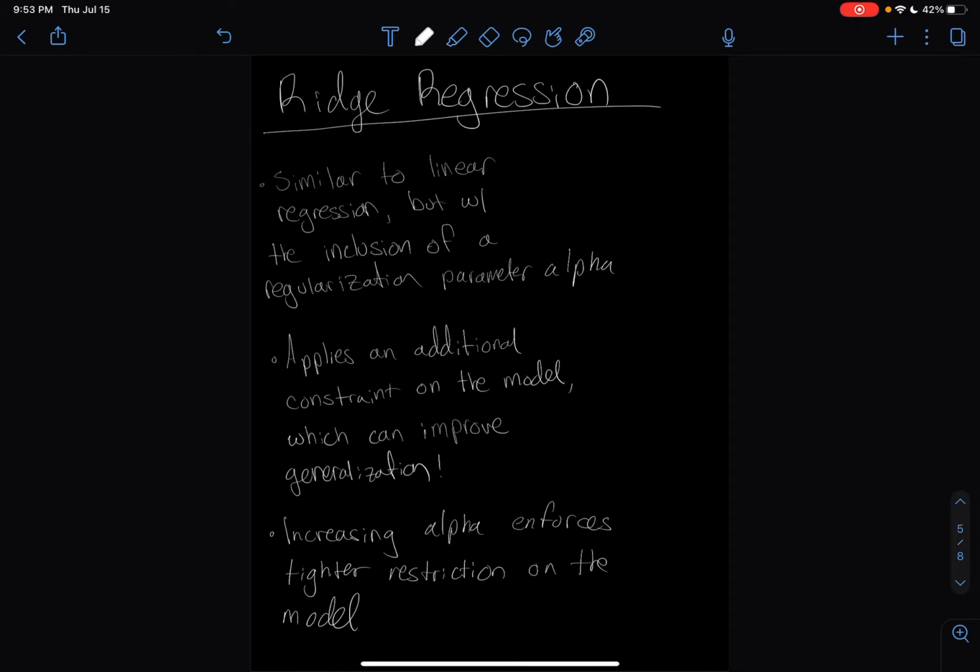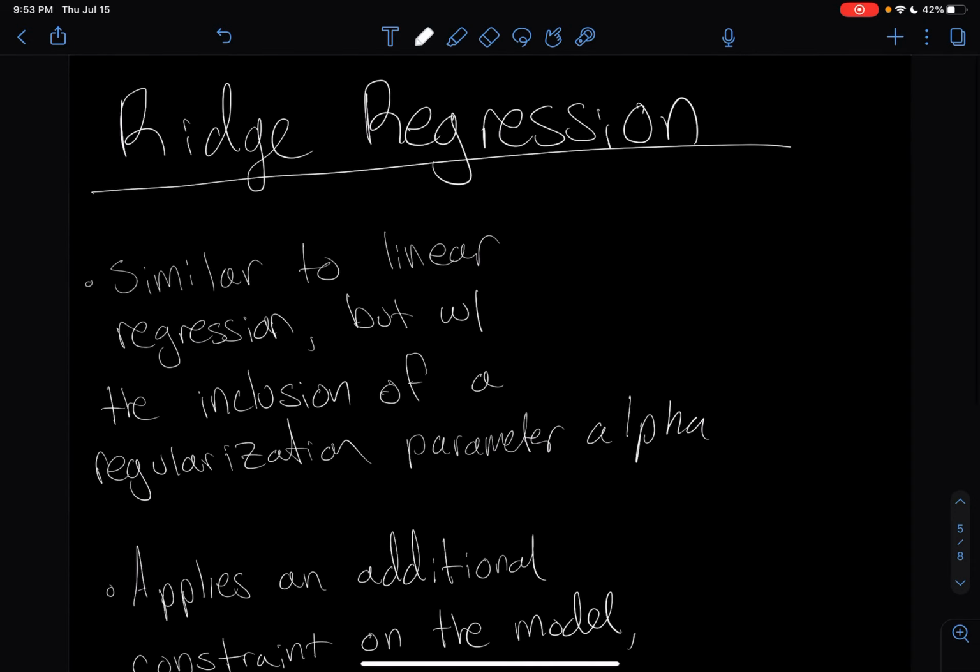So first up, ridge regression, while similar to linear regression, is similar in the sense that for the most part, they use the same equation. If you've studied linear regression or have watched my previous videos, you may recall that the formula for linear regression looks a little bit like this.